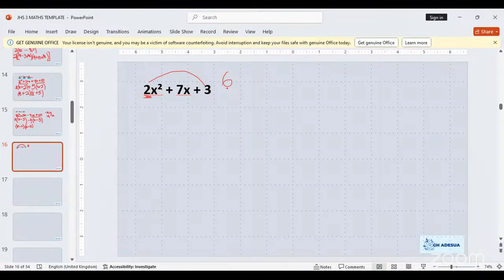This time we'll not say when multiplied will give us 3. No, when multiplied it will give us 6. Any thoughts? Anybody can speak up by unmuting your microphone.